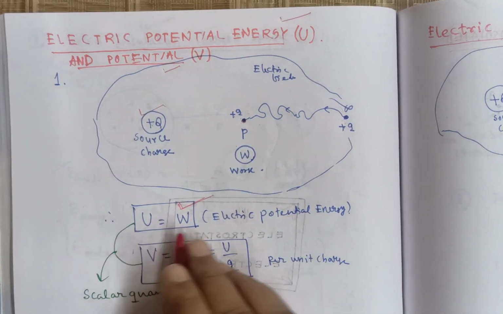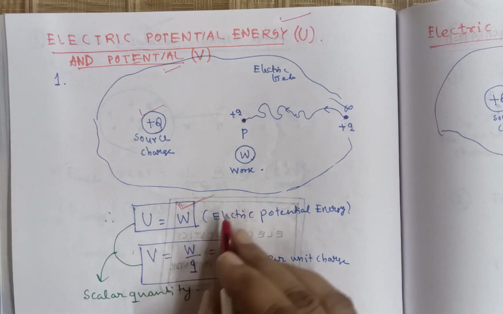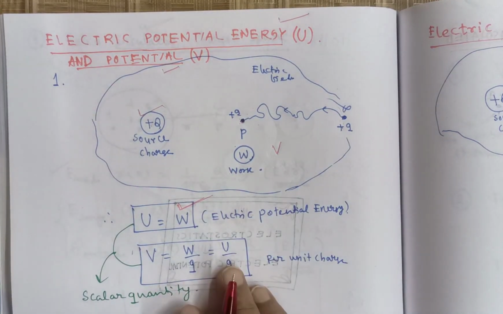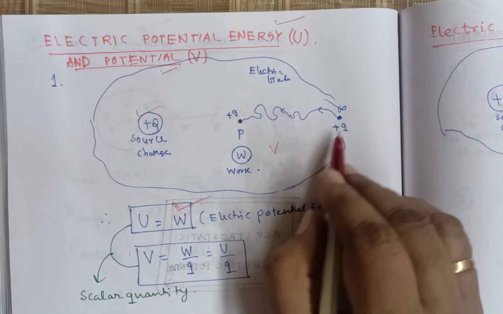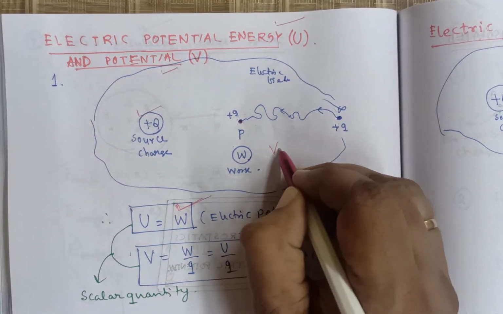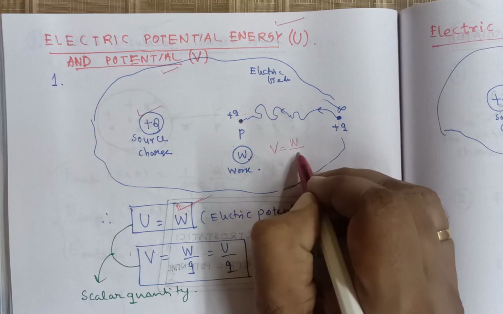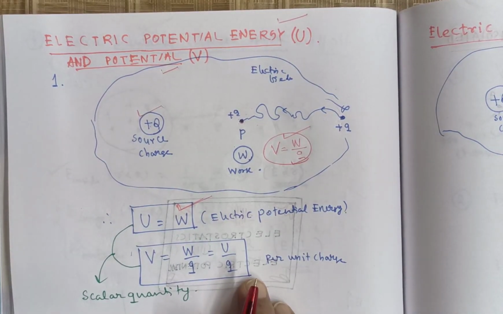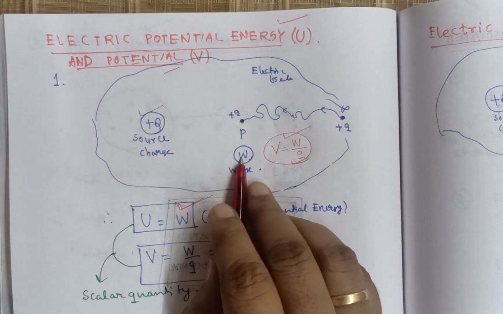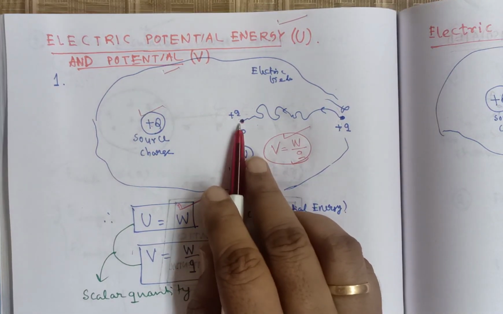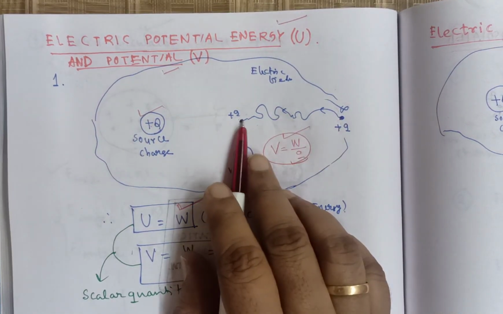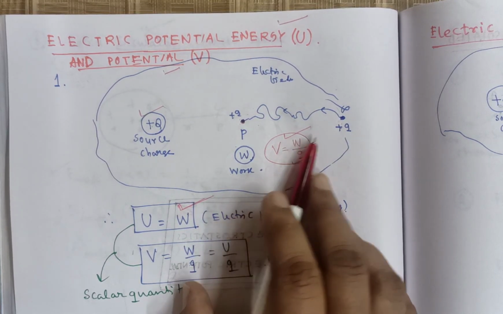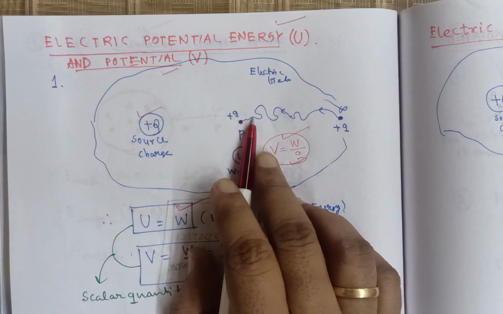Electric potential energy means some amount of work. Now what is electric potential? Let for q amount of charge, work is W. Then for a unit amount of charge, work will be W by q. This represents electric potential. So electric potential energy means the work required for bringing a charged body, and electric potential is the amount of work required for bringing a unit positive charge.